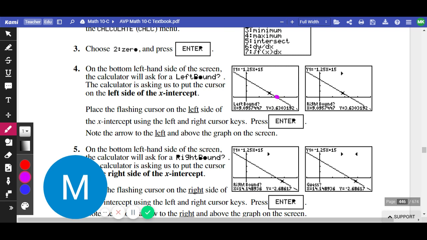Your calculator can find it by choosing the right function. The function is under second trace, so it brings you back to that list. Another word for x-intercept, and one that they use in the higher grades, is called a zero.